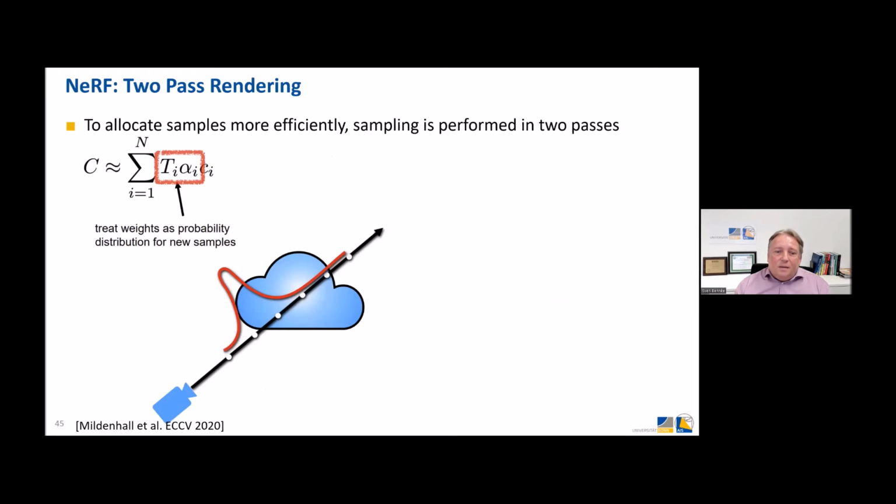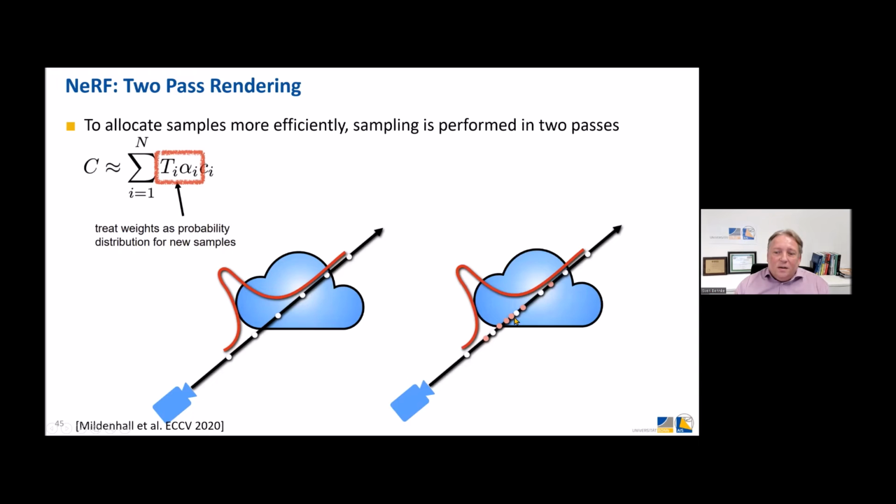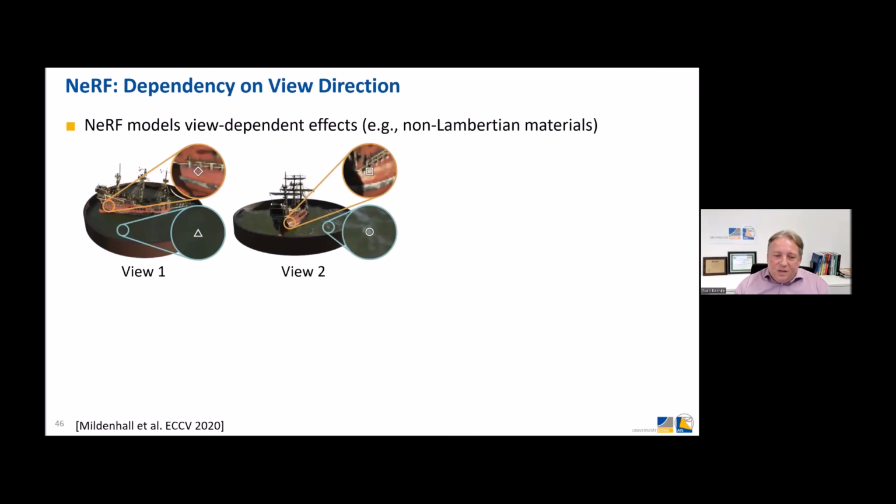And there are some little tricks necessary. For example, rendering is not just done uniformly, but we can use these weights to sample more densely where we have contributions towards the image.